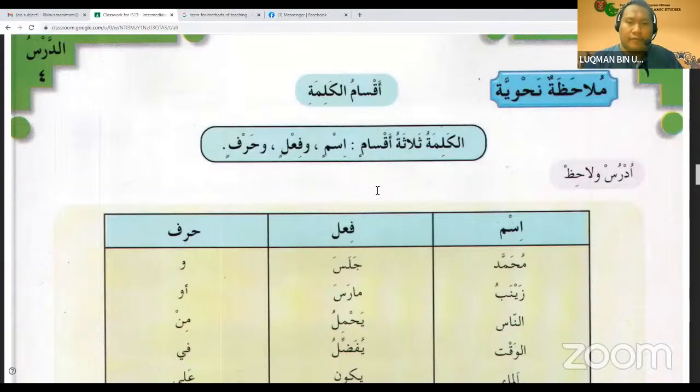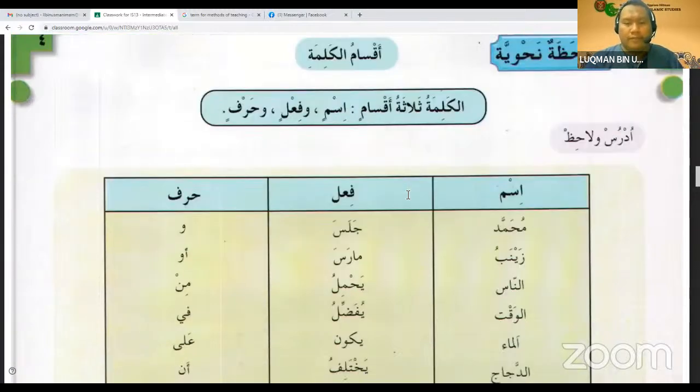The Arabic verb is almost the same as the English verb; the only difference is some of the tenses, and there's an imperative tense. Harf includes preposition, conjunction, etc. Very important: you have to remember there are only 3 types of words in Arabic grammar: ism, fi'al, wa harf. Noun, verb, and particles.